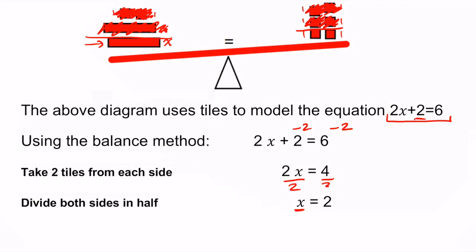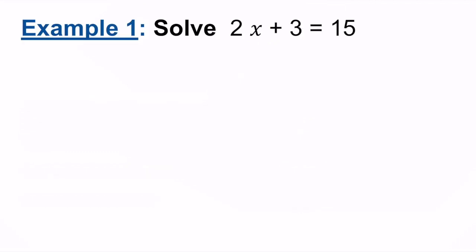That would be like dividing by 2 on both sides of the equation. So what we're left with is x equals 2. And we can see it pictorially here. We've got an x all by itself and 2 singles left. But every step of the way, we were doing the exact same operation to both sides of the equation. So let's see some actual examples without the scale.